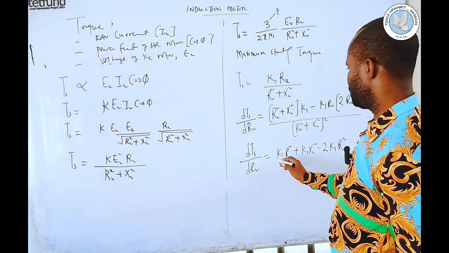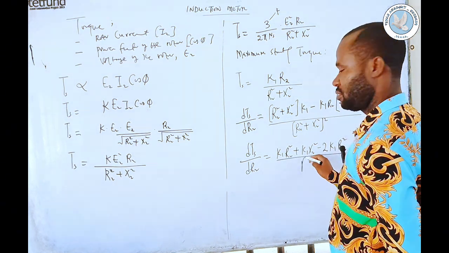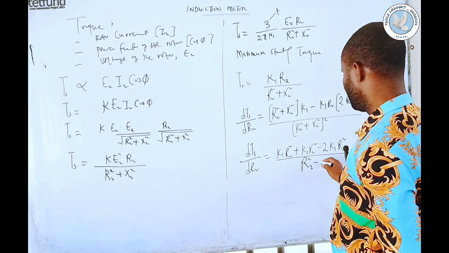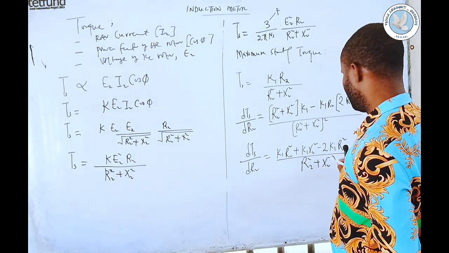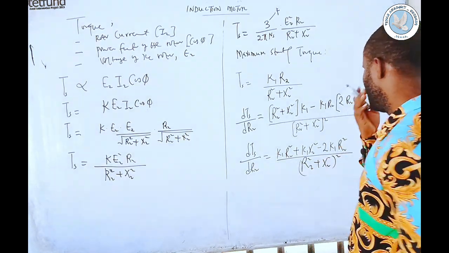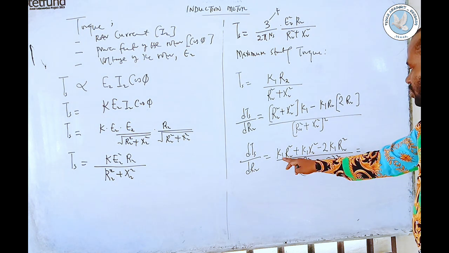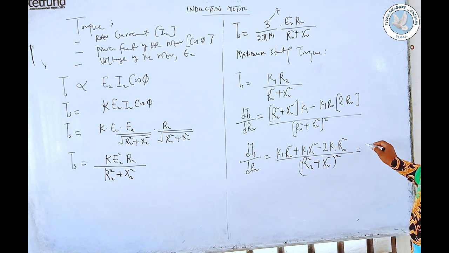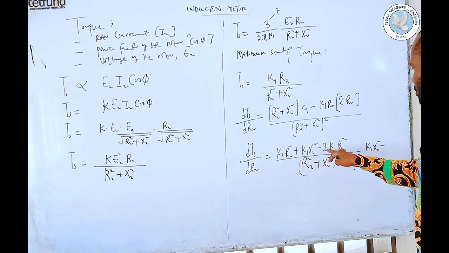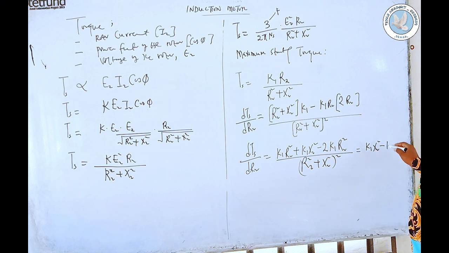So all this you divide with this. At this point when we work on this and this, the same, minus this will give us just one of them. So we have K1 out this divided by this.